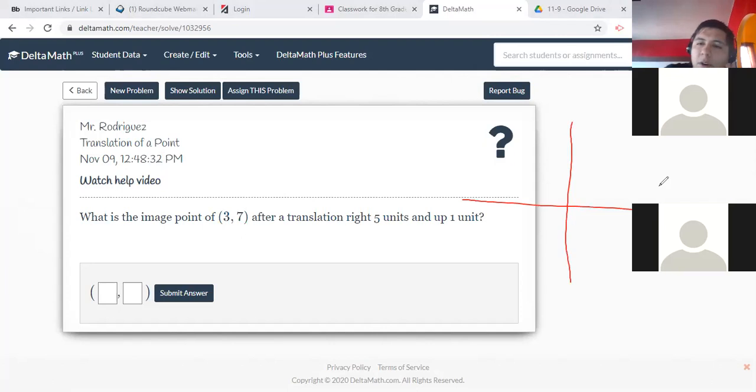So again, let's say we have a graph, right? So this is our point. If we're translating to the right, that means that we're moving this point 5 times to the right, okay? So what are we doing to the 3?